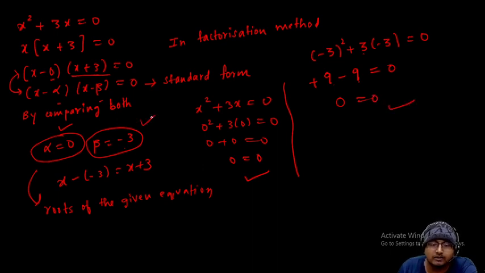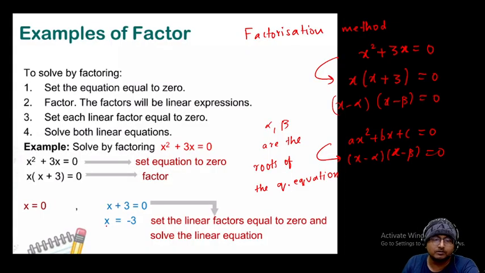Hence beta equal to minus 3 is also correct. Hence, alpha equal to 0 and beta equal to minus 3, that is 0 comma minus 3, are the roots. So that is the example problem. So x equal to minus 3 and x equal to 0 are the roots.